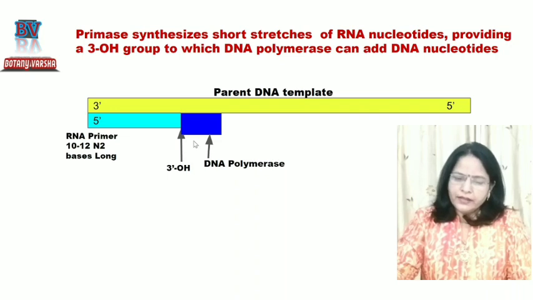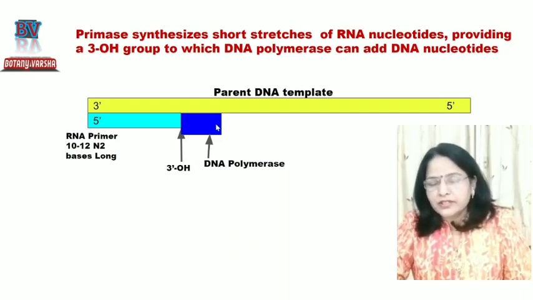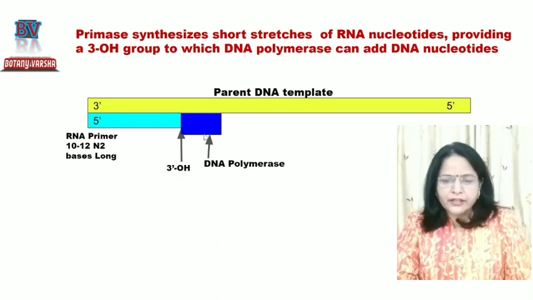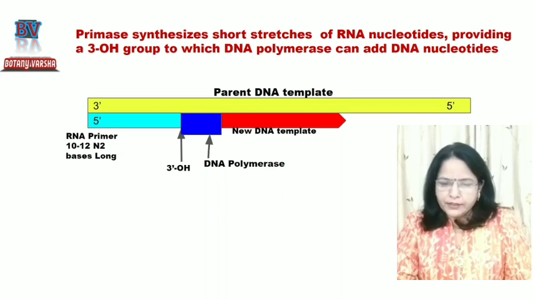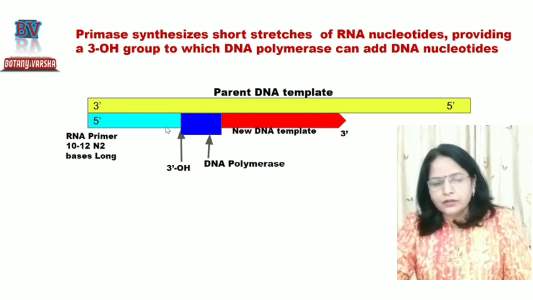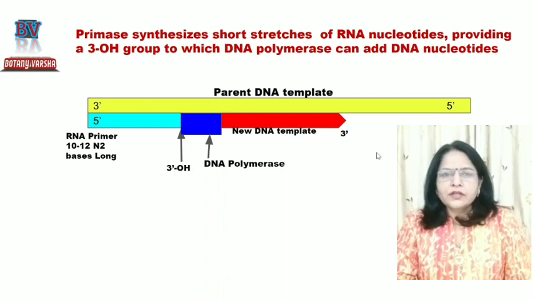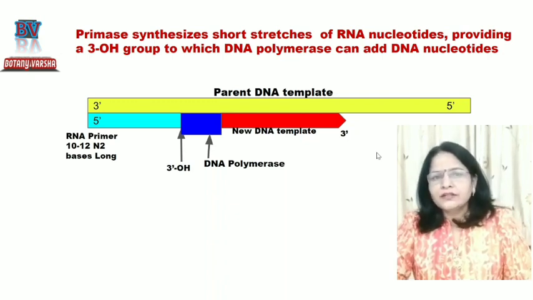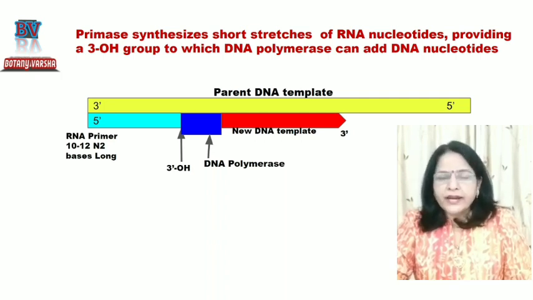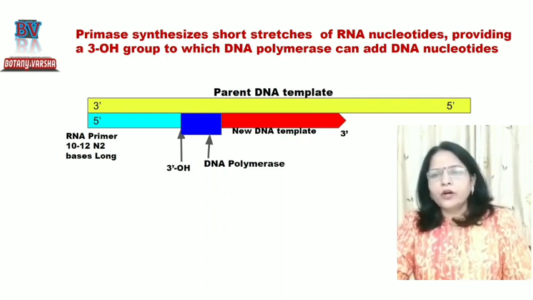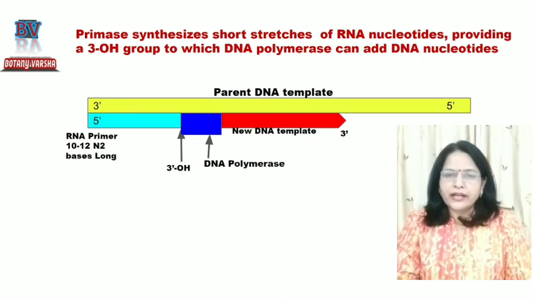So when the DNA polymerase starts chain formation, a new strand is produced on the parent template, and it is always found in 5 prime to 3 prime direction. This is primase, which synthesizes short stretches of RNA nucleotides, providing a 3 prime hydroxyl group to which DNA polymerase can add DNA nucleotides.